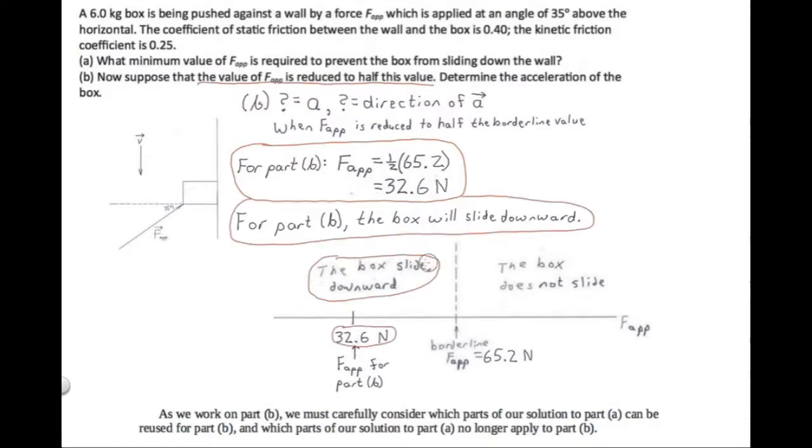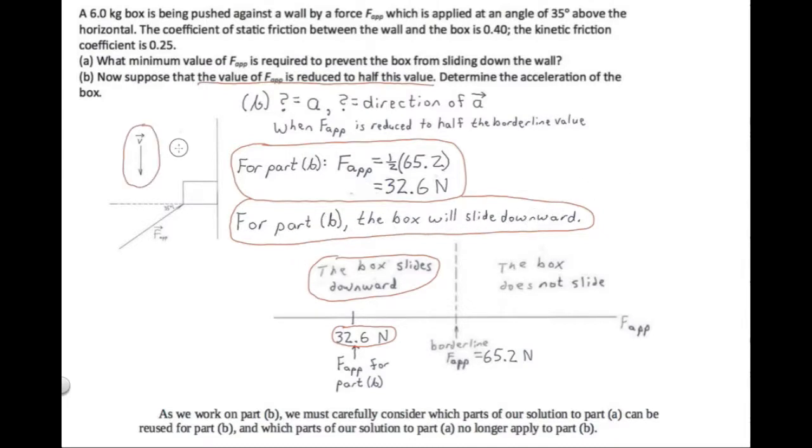You can see from this diagram that when we use F applied equals 32.6 newtons, the box will slide down the wall. Remember, 65.2 newtons was the minimum value required to prevent the box from sliding downwards. Make a note that for part B, the box will slide downwards.